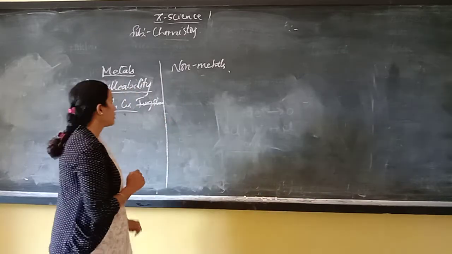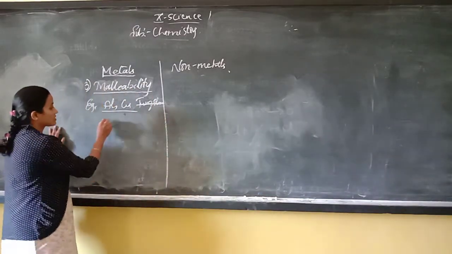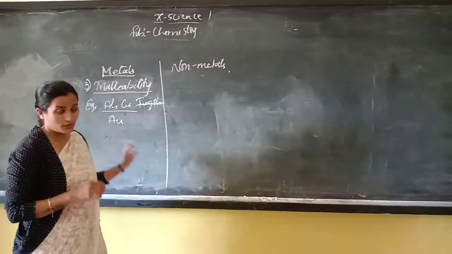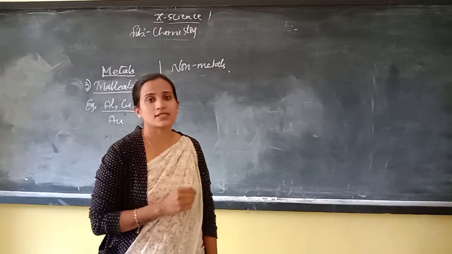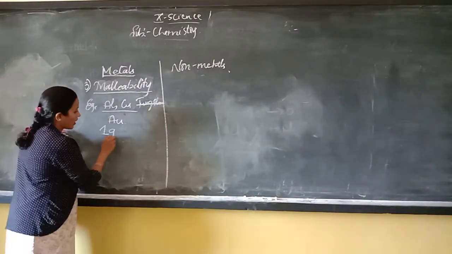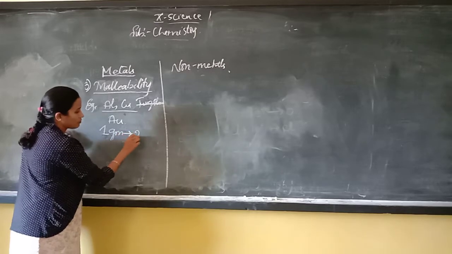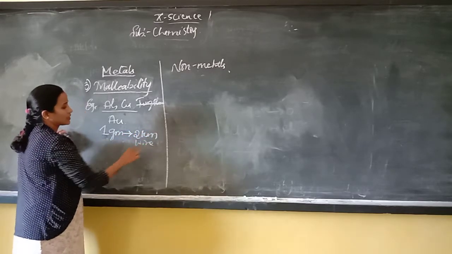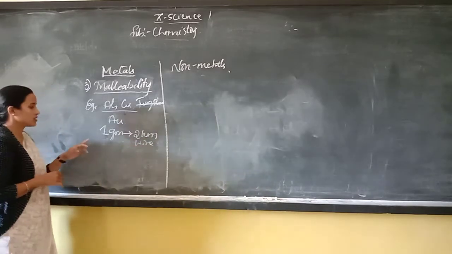Then one more very malleable metal is gold, Au. We use it for jewelry purposes. See children, from about 1 gram of gold we can make 2 kilometers of wire.